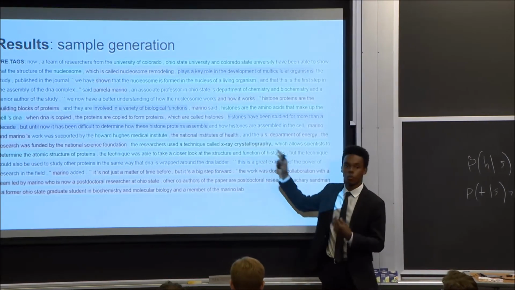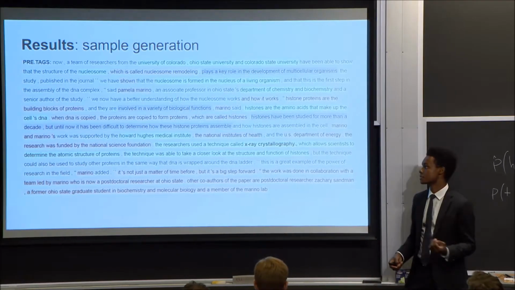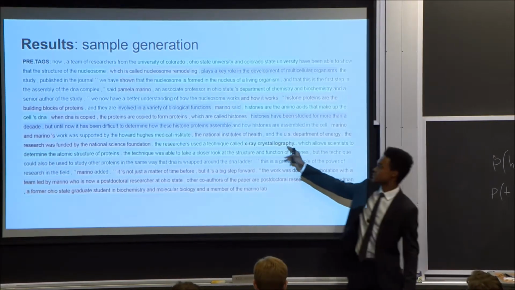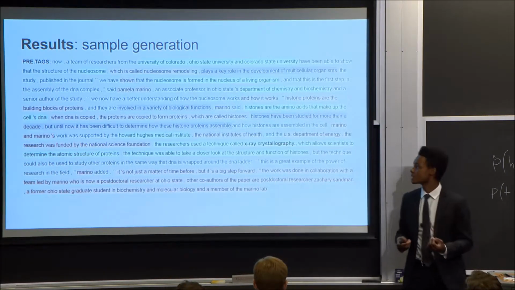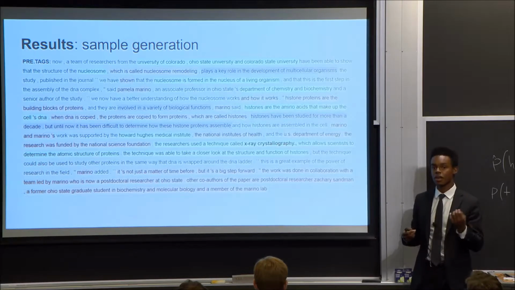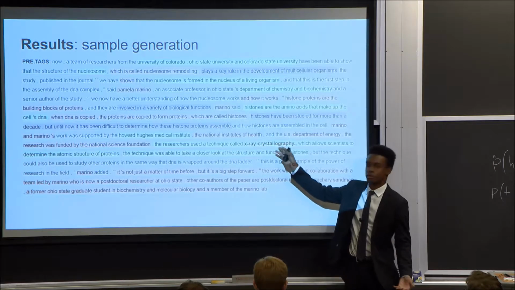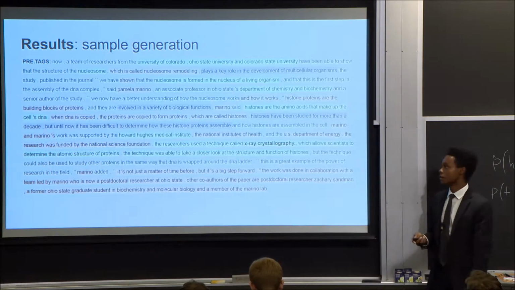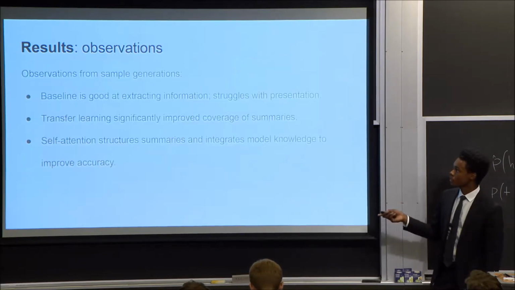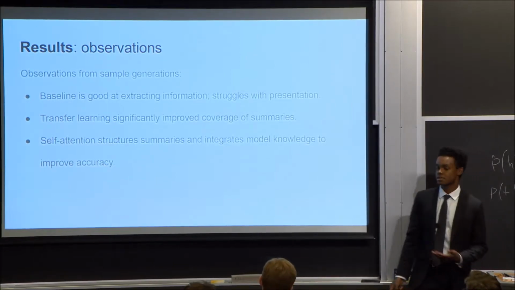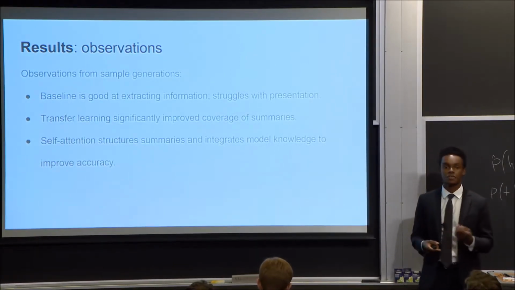However, this method was used by the authors of that source. And so the fact that this is within our sample generation kind of shows that our model is actually able to utilize information such as the authors of these papers having this in one of their previous works in generating their summary.